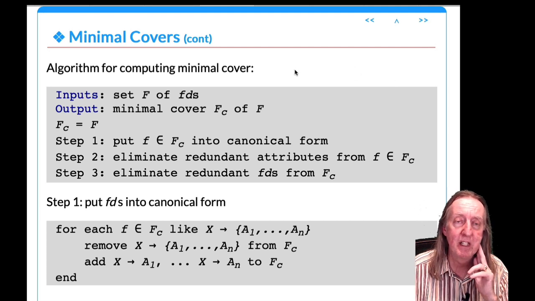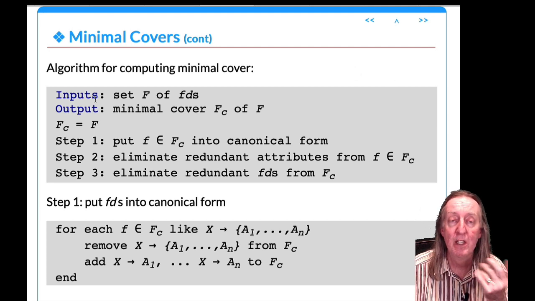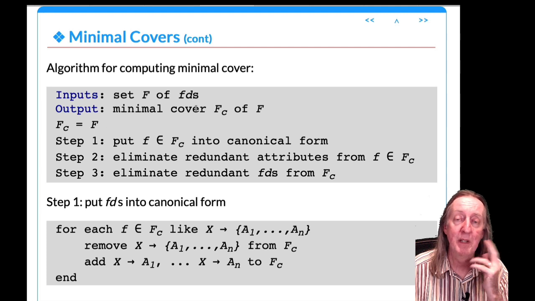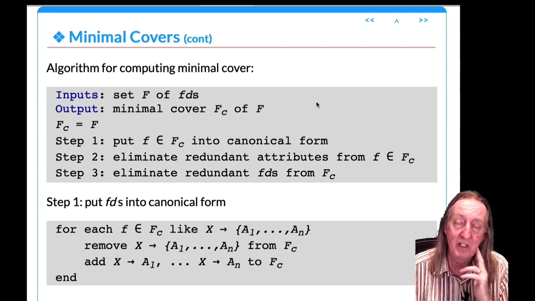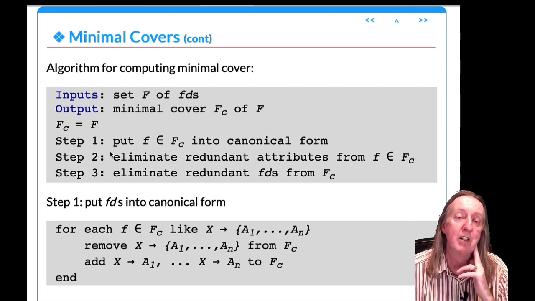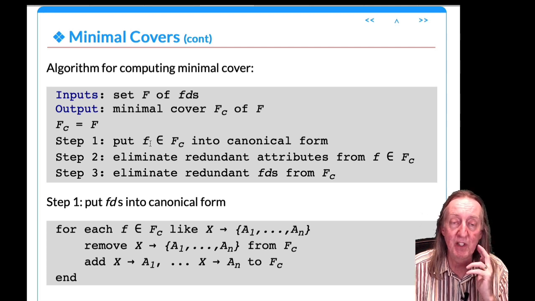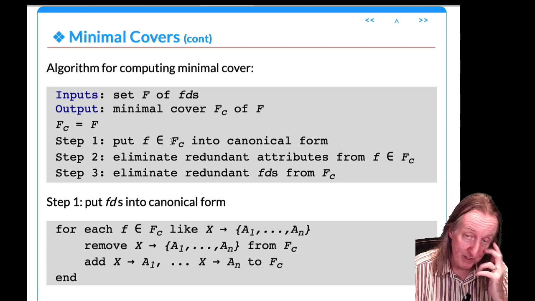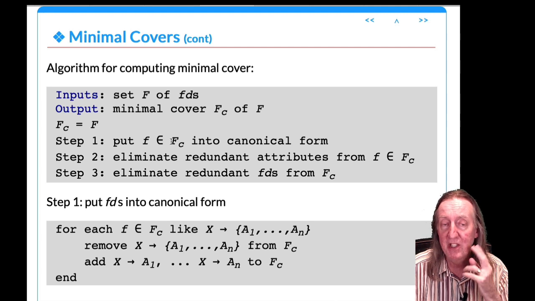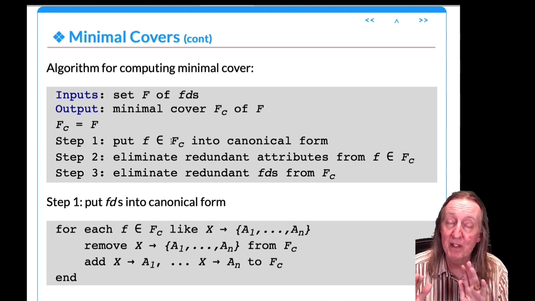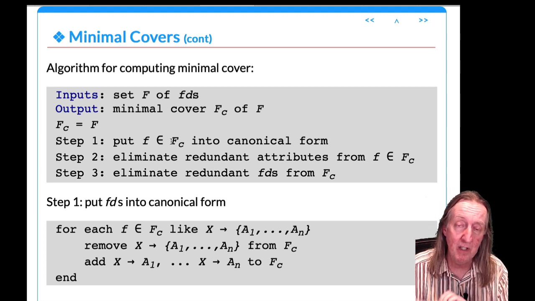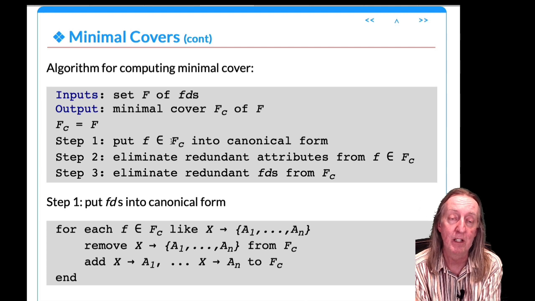Right, so here's an algorithm for doing this. Input is a set of functional dependencies, and the output obviously is the minimal cover. Alright, so it happens in 3 steps. First thing we do, we put the set of functional dependencies into canonical form, which basically means splitting them up so that they've all only got a single attribute on the right hand side.